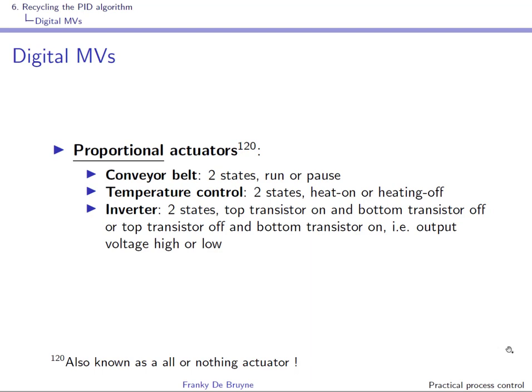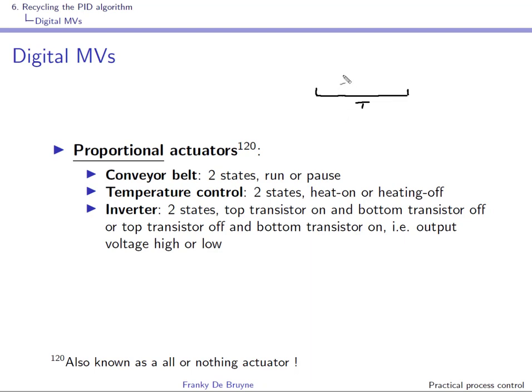Why is this type of actuator called a proportional actuator? Well, if you take a period of time, t, right? This is this period of time, and you consider a duty cycle, that is the proportion of time where the actuator or the state is on, right?